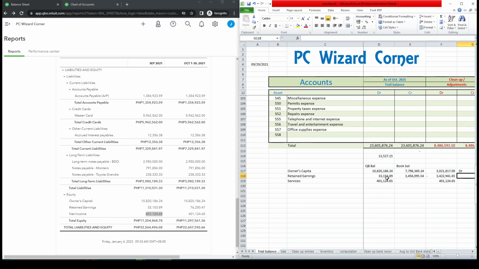And here, let's credit this one. And also this one, debit. So we should come up with a zero balance. There you go, zero balance, because these two are equal.